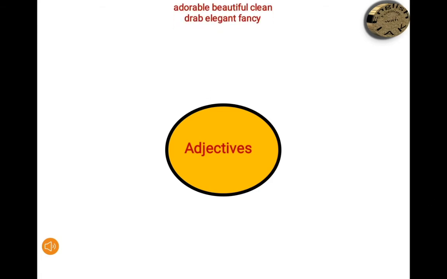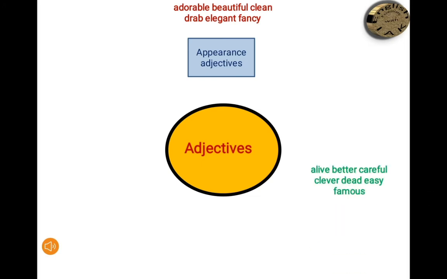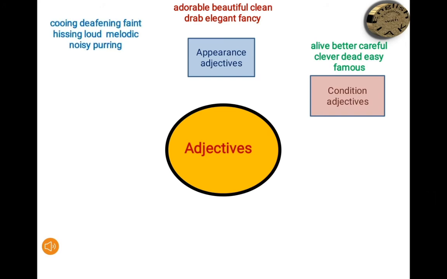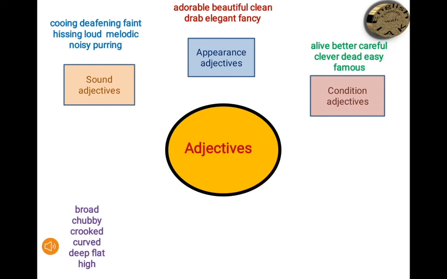For example, adorable, beautiful, clean, drab, elegant, fancy are appearance adjectives. Similarly, alive, better, careful, clever, dead, easy, famous are condition adjectives. Cooing, deafening, faint, hissing, loud, melodic, noisy, purring are sound adjectives. Broad, chubby, crooked, curved, deep, flat, high are shape adjectives.